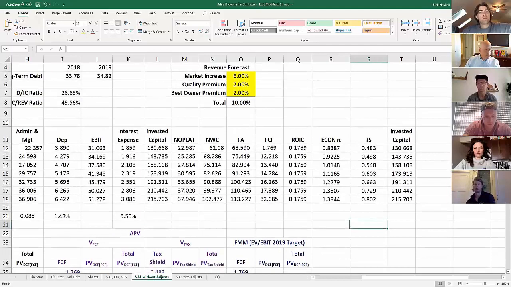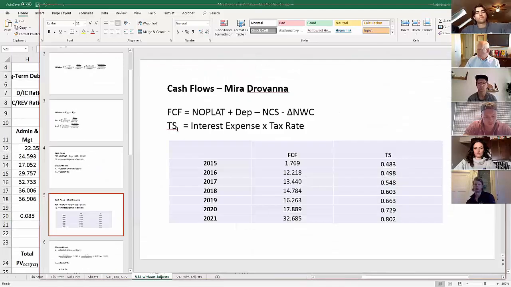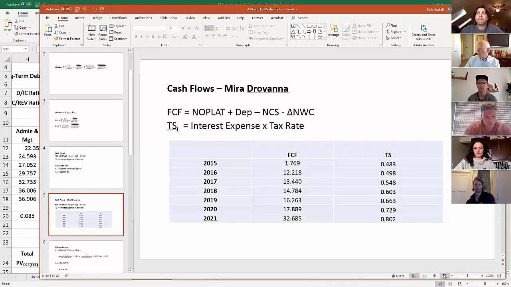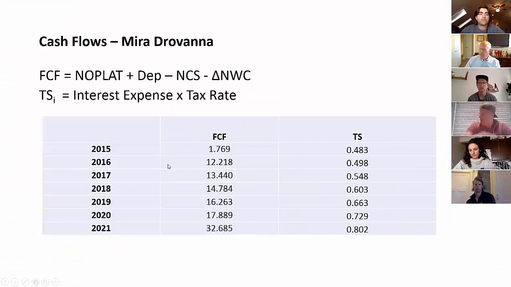So let me come back to the PowerPoint real quickly. So I've given us these values, and in this case, 2015 is the base year, so 2016 through 2020 would be the years of the explicit period, and 2021 would be the first year of the continuation.